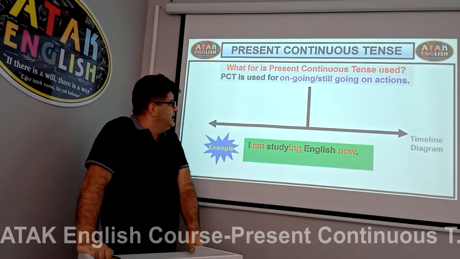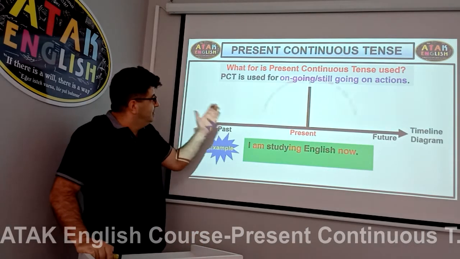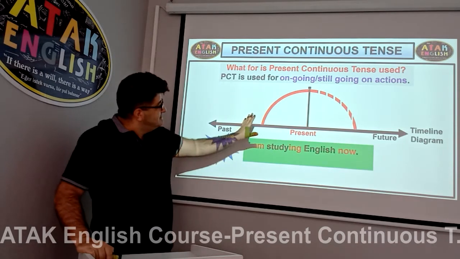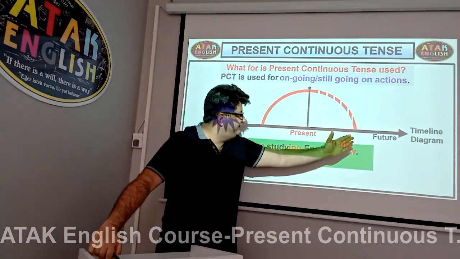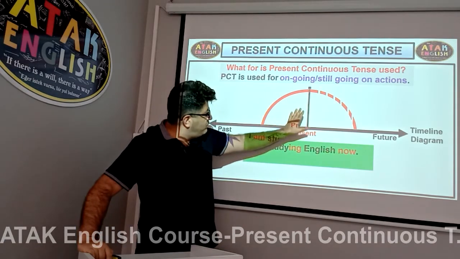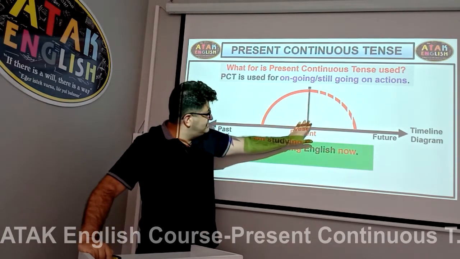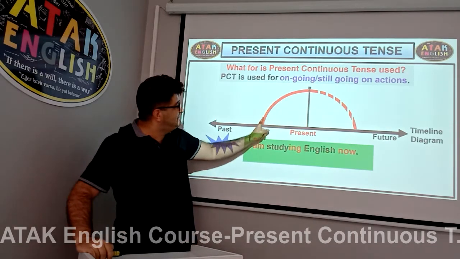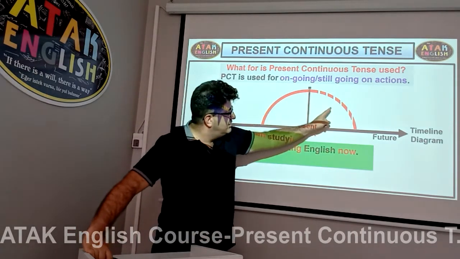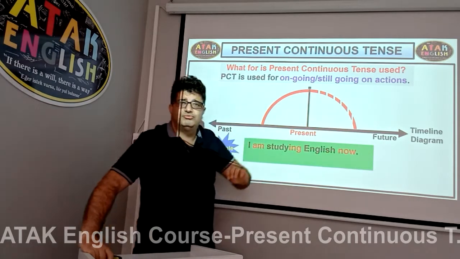Let's see it on the timeline diagram. There you go. See? On the timeline, past, present, and future. And what we see is around present: I am studying English now or right now.